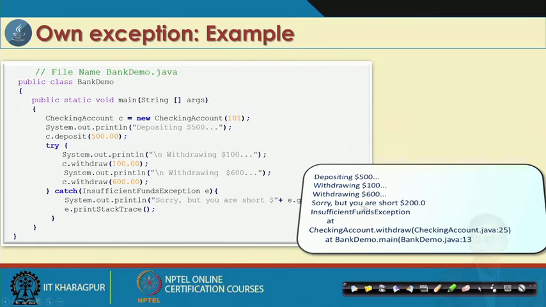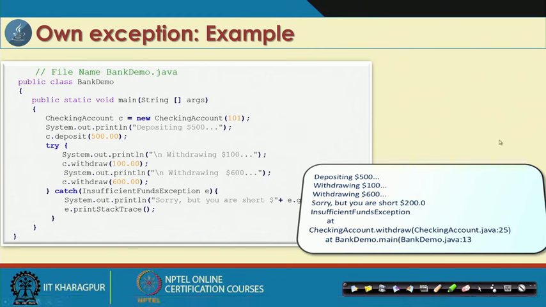These are the things that we will print. Sorry, but you are short of 200, InsufficientFundException at this one. It shows the different situations when this program is executed. This way the user can define their own exception and develop the program according to their requirement.